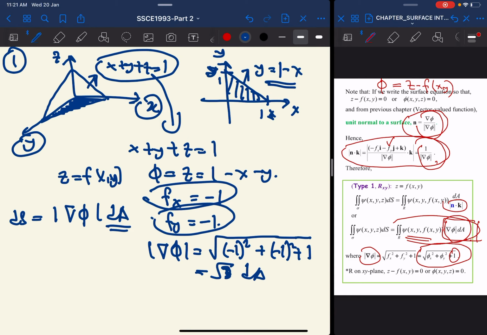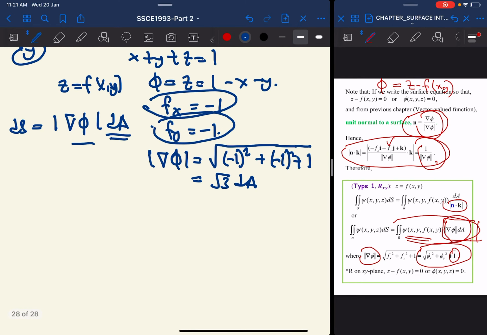So let me clean this one first. Okay, so ds is square root 3 dA. Now that we have ds, we can go back to the original question.